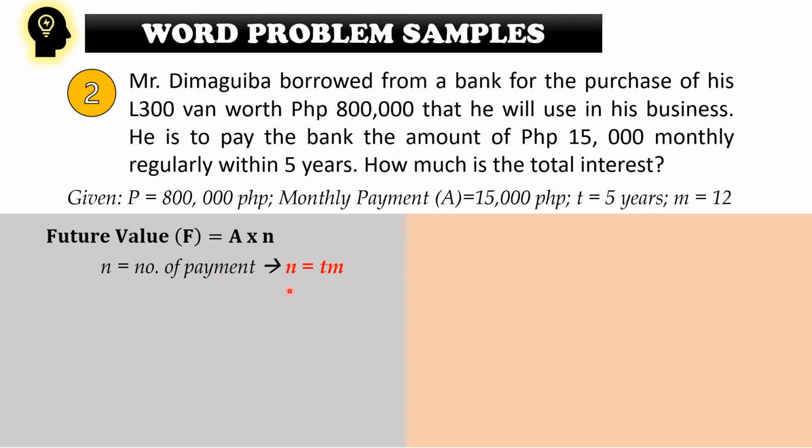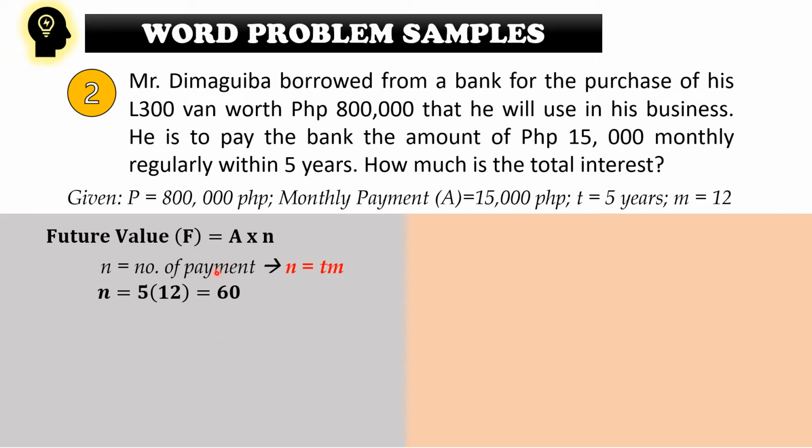N can be computed by the formula T times M, where T is the time and M is the number of conversions. Using the values we have on the given, T is 5 times M, which is 12. So 5 times 12, that is 60. Therefore, there were 60 total number of payments to be made within 5 years.